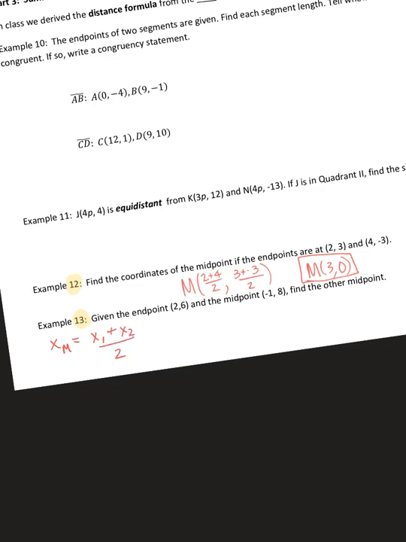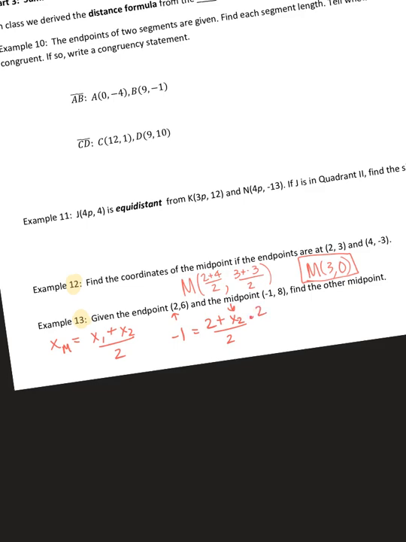Okay, so we know one endpoint is 2, so we can substitute that in for x sub 1. And then we don't know the other endpoint, that's what we're trying to find, divided by 2. But we know the x-coordinate of the midpoint is negative 1, then we can solve for x sub 2. All right, so we're going to solve for the other endpoint.